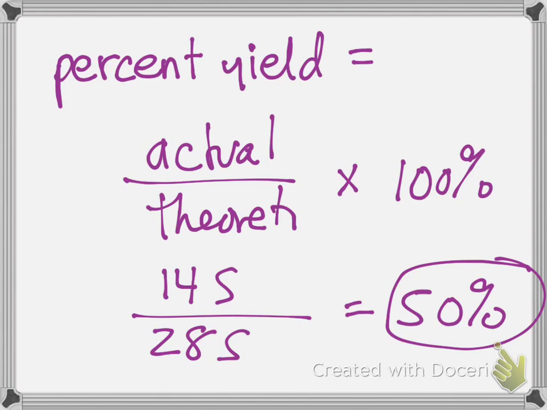I will give you an actual yield, and you will determine the percent yield. This is to get us started on this conversation of stoichiometry. We will now, in subsequent days, look at chemical examples using the same mathematical principles.